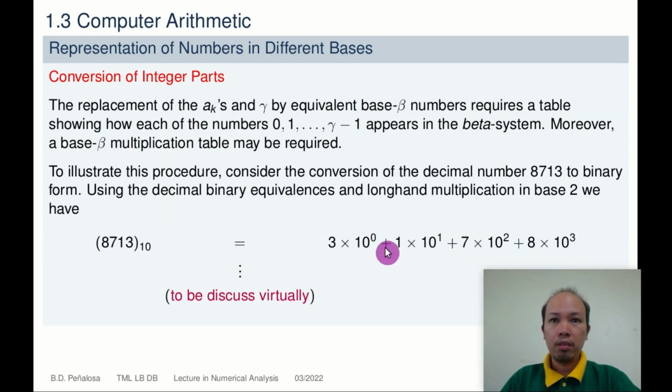The procedure is to convert the given number into its general form, and then replace each number here in the system that we are going to arrive at. For example, if we are going to convert this to base 8 or base 2 numbers, then we have to convert these factors to that base, and then do the calculation.